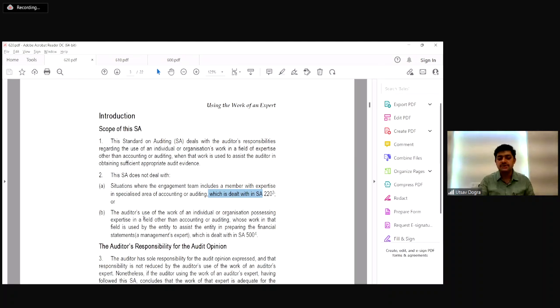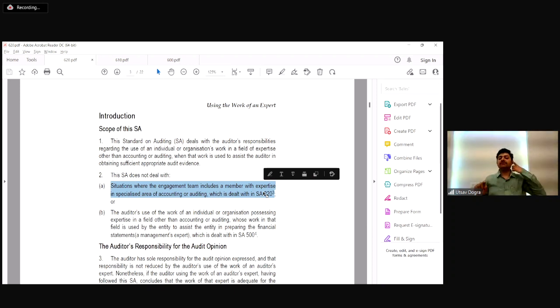In the other definition, you see, it is a field other than accounting or auditing. When we talk about the expert, it is the person who is not an expert in accounting or auditing. However, in para 2A, what is also excluded from this standard is the situation where the engagement team includes a member with expertise in a specialized area of accounting and auditing.